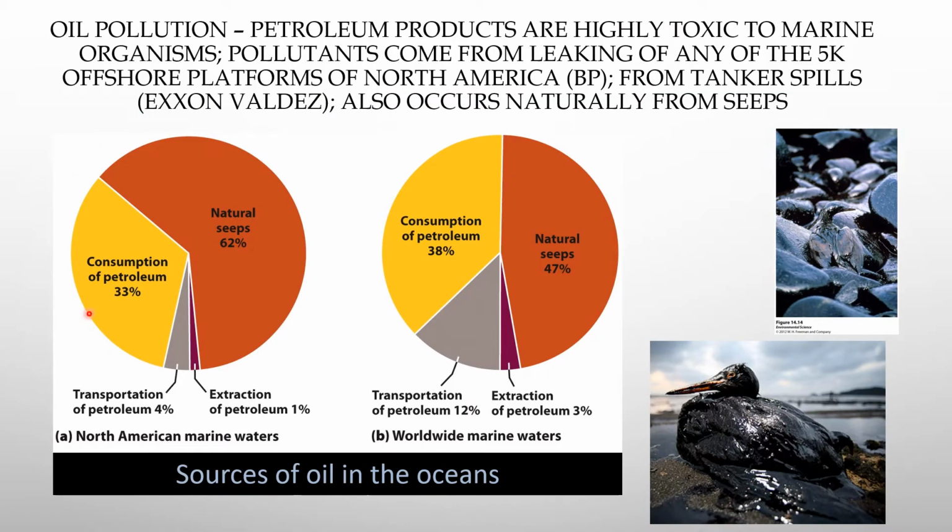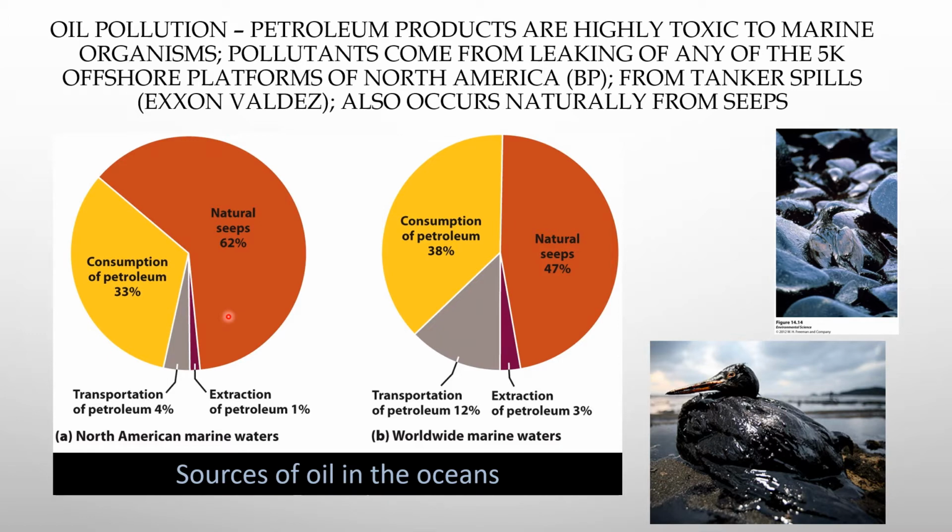Okay, so I do think that you need to know where oil comes from. If you look at the charts, the chart on the left is just North America, and worldwide is the chart on the right. So where does all our oil come from in the oceans? Well, you'll notice that there's a lot of it that's just naturally seeping out of little cracks and vents on the ocean floor.